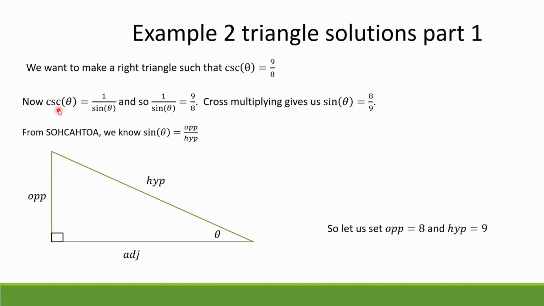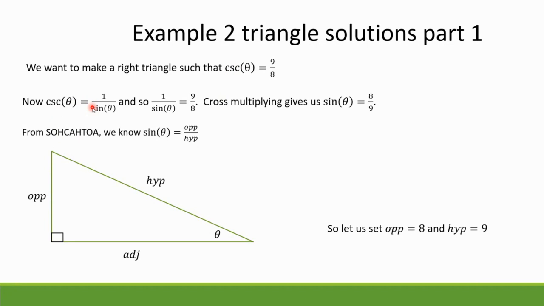So we know that cosecant is 1 over sine of theta. That's one of the reciprocal identities. I couldn't think of the word.